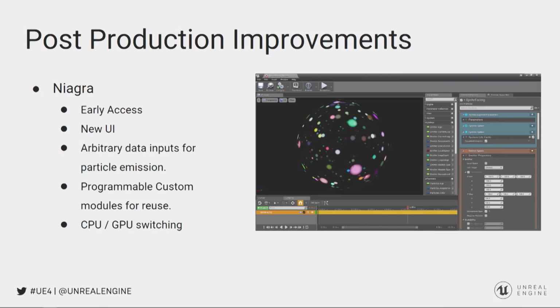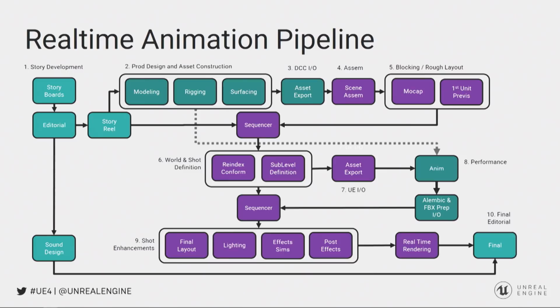Again, early access, it has a whole new UI, and has some very interesting ways of handling what can be used as an emitter, so you can have arbitrary data inputs, which can dictate what kind of things emit what kind of particles. There's programmable custom modules, and it has the ability to switch between rendering off of the CPU or GPU, depending upon which is better for your specific instance. It's going to help improve your effects in post-production.